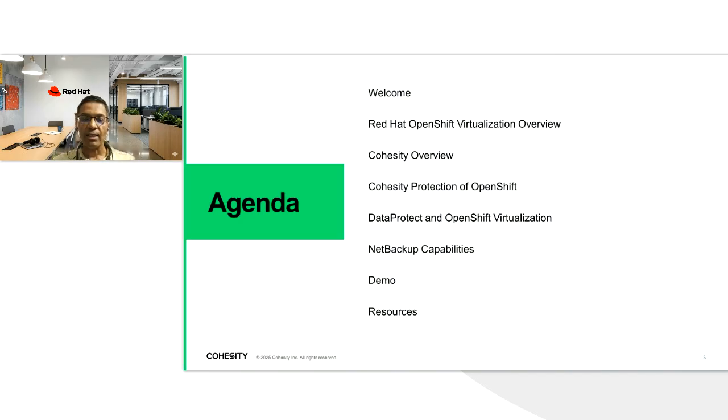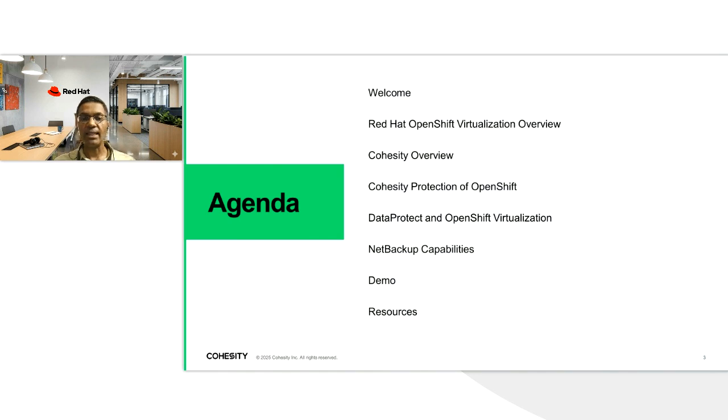With that said, what do we have for you? We have a welcome, so welcome again. We'll have Alan help us take in the OpenShift virtualization landscape. Then we'll talk a little bit about Cohesity as a company, and how we support the protection of OpenShift resources.